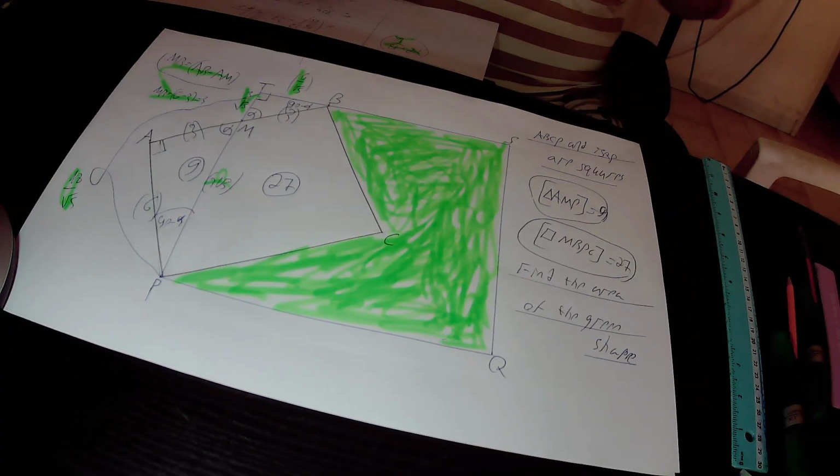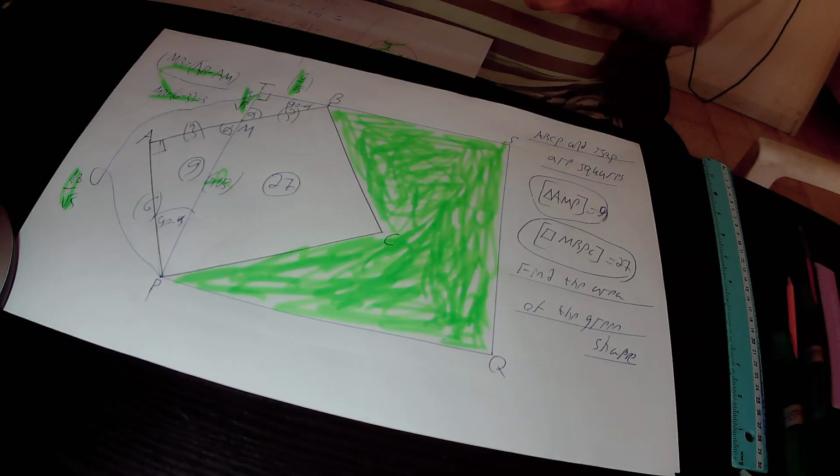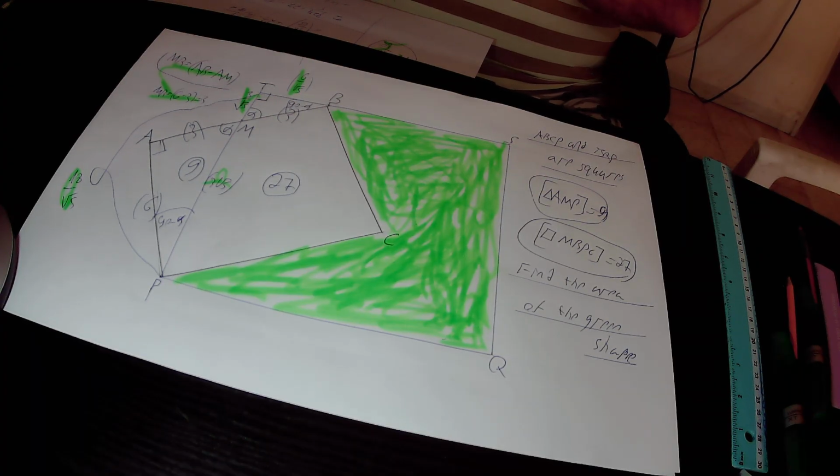Again, the area of this green shape, the area that we are looking for in this question, is equal to 36 square units. So we finished with the first question. In the next step, I will present you the second question. We will solve the second question of this lecture.